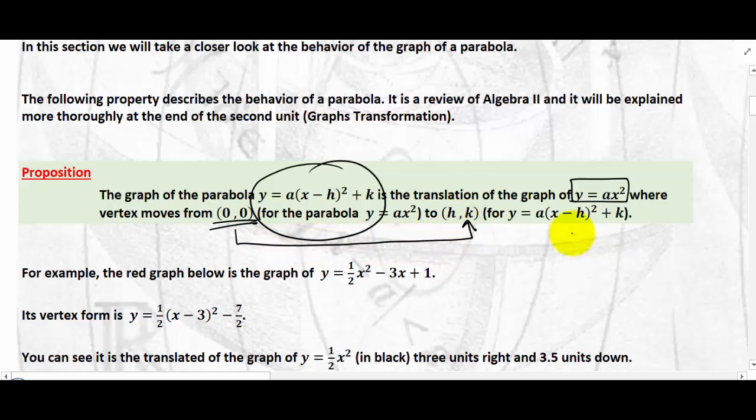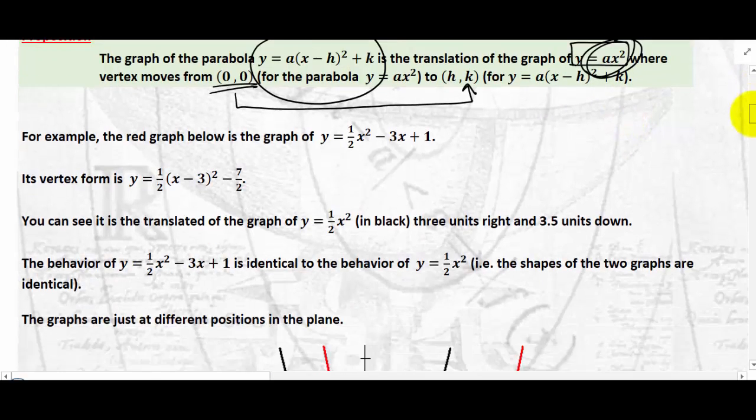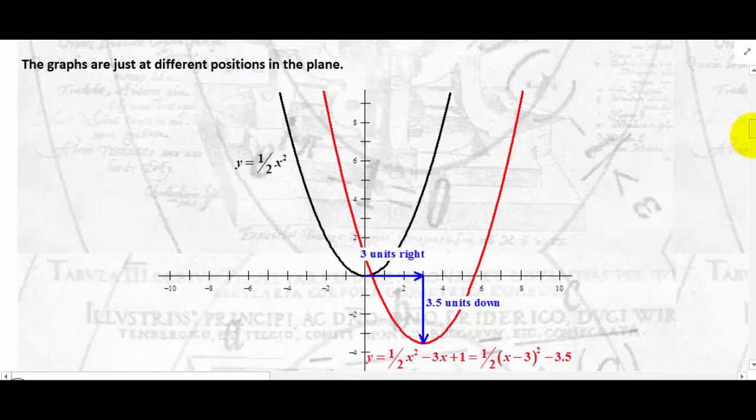So you move the vertex from 0, 0 to h, k, but the behavior is exactly the same as ax squared. Same type of behavior. And I'm going over an example right here. For example, this is 1/2 of x squared, and this is 1/2 of x squared minus 3x plus 1.